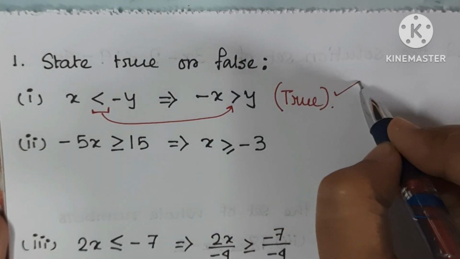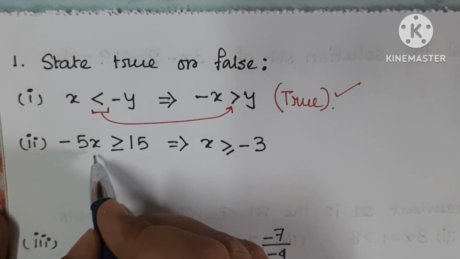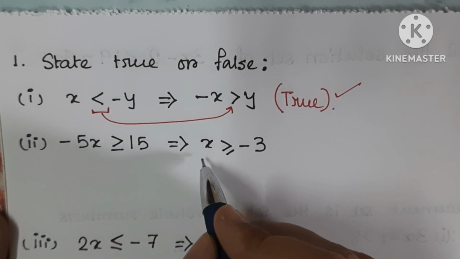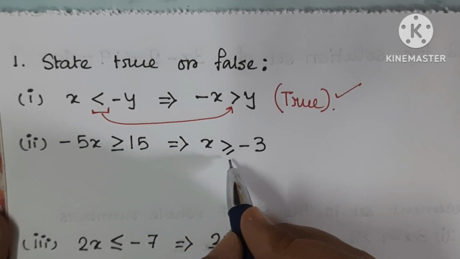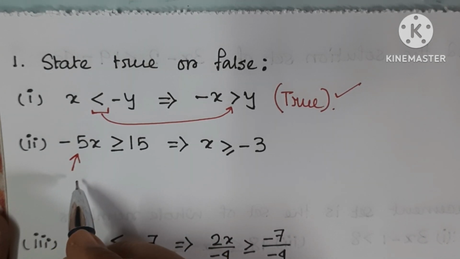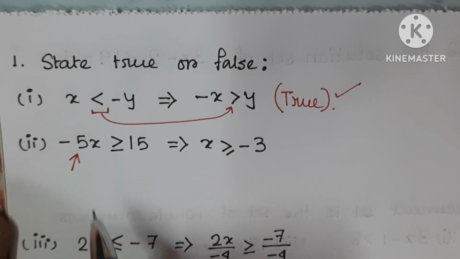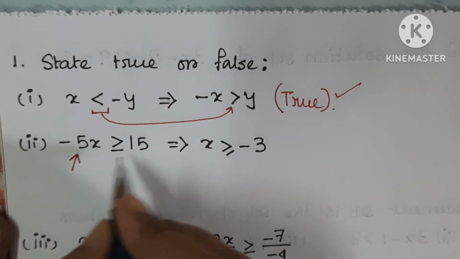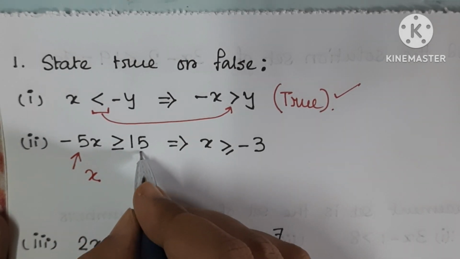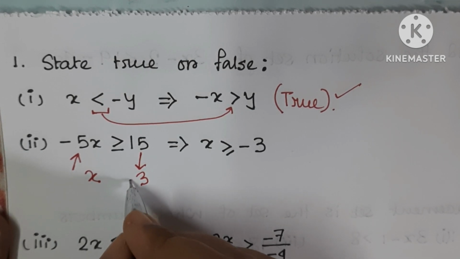Now the second one, minus 5x is greater than 15. Here it is given x is greater than or equal to minus 3. From here, the next step you can divide both sides by minus 5. If you divide both sides by minus 5, the first one will be x and this term will be minus 3.